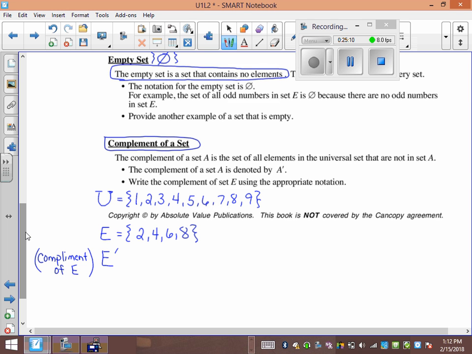Do you agree? So it's going to be 1, 3, 5, 7, 9. Does that make sense? E is the even numbers, so the complement of E ends up being the odd numbers. Exactly.